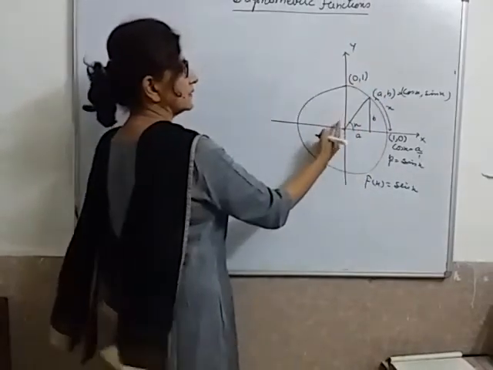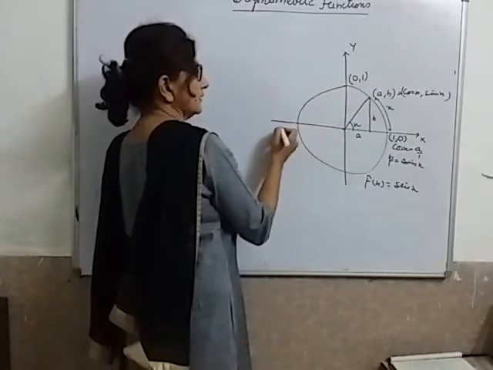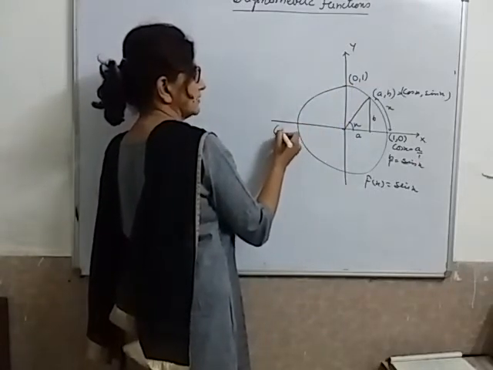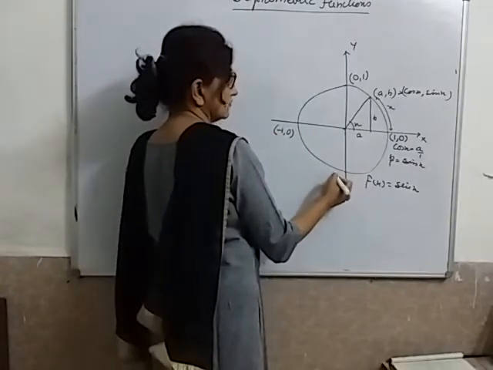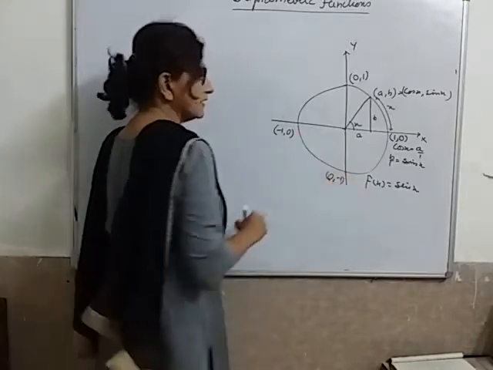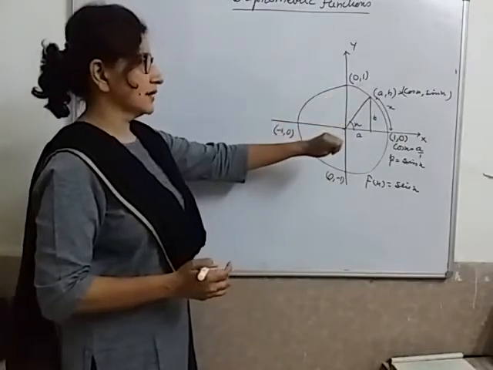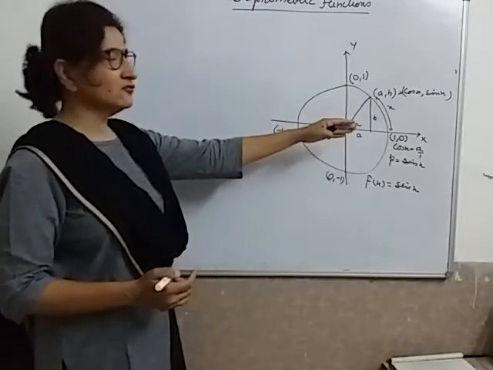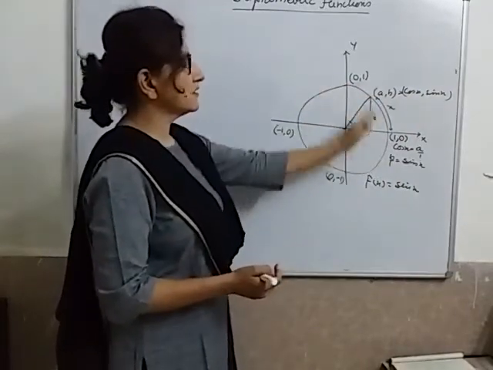When I come here, x will be minus 1, y will be 0. When I come over here, my x will be 0 and y will be minus 1. I have taken all these 4 positions because these are the 4 basic angles we will start with, and you will be surprised to know how those values which you learnt in your 10th class come from the circle only.